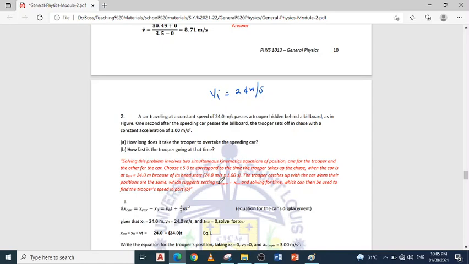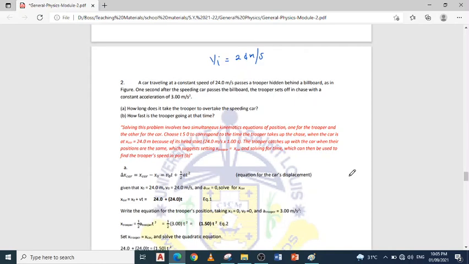Okay? So, for letter A na lang, tayo. For letter A, so yung equation ng car's displacement ay ito. So, yung distance traveled ni car minus yung x sub o. So, initial distance. Okay?